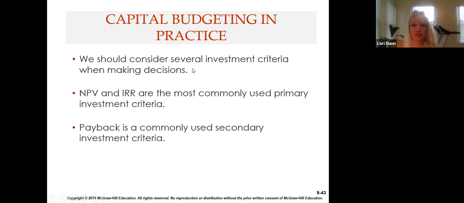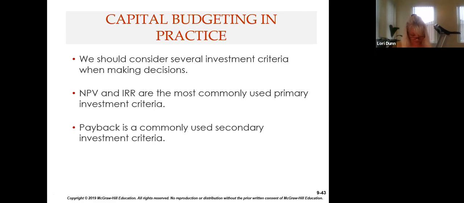How is capital budgeting used in the real world? Well, net present value and internal rate of return are your most commonly used investment criteria. Payback is used secondary. So on page 298, they give you a great table of the percentage that companies use these various techniques.